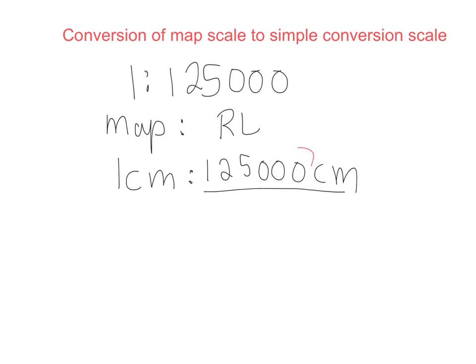That means we get rid of 2 of these zeros, and then from meters to kilometers we divide by 1,000, so we get rid of 3. So our final answer is 1 centimeter is equal to 1.25 kilometers in real life.